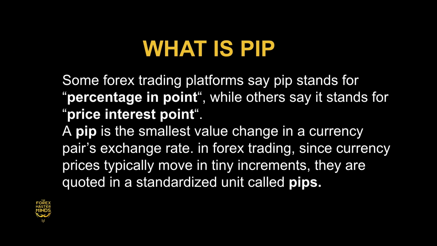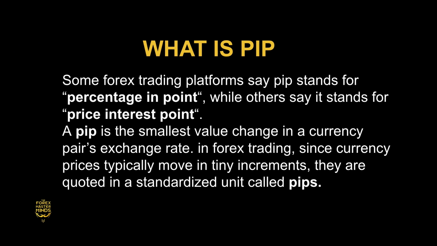So basically, what is a PIP? A PIP is the smallest value change in a currency pair's exchange rate. In Forex trading, currency prices typically move in tiny increments that are quoted in a standardized unit called a PIP. So a PIP is the smallest increment for a currency to move from one point to another.